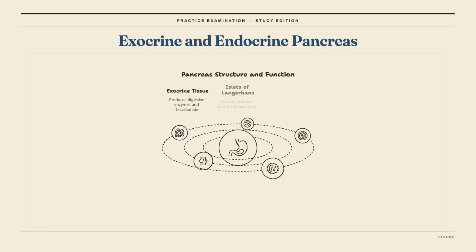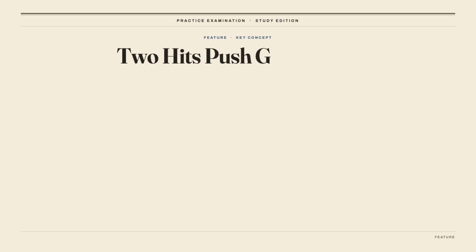The pancreas does 2 jobs in one organ. 85% is exocrine tissue making enzymes, but scattered through it are islets of Langerhans: beta cells making insulin, alpha cells making glucagon, and delta cells making somatostatin to restrain both.